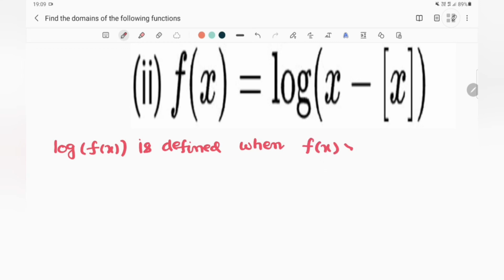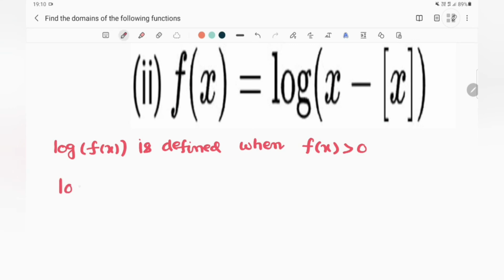Why? Because logarithmic functions are defined for only positive numbers. So log f of x is defined when f of x is greater than 0. In place of f of x, what function is there according to this? This function is there, x minus step x. So you can take this x minus step x.